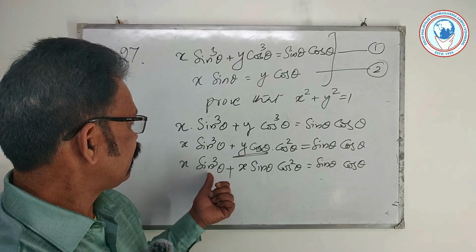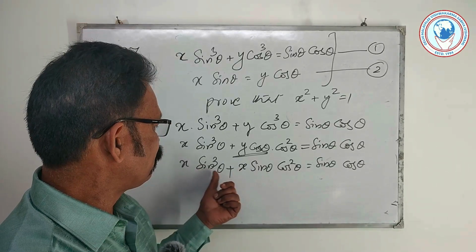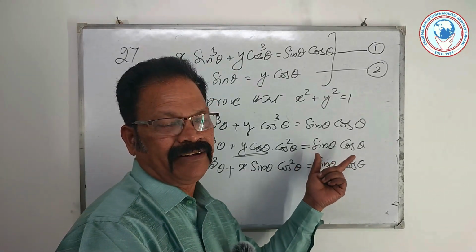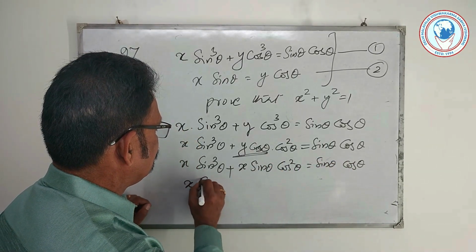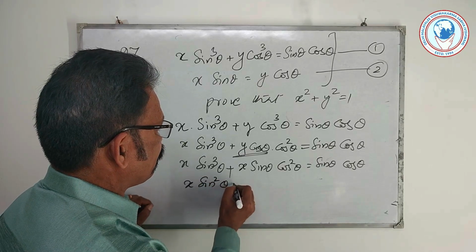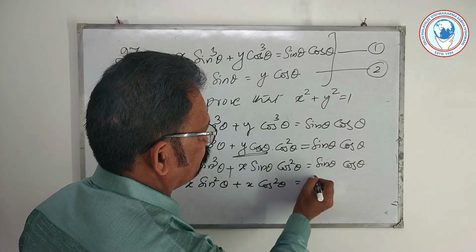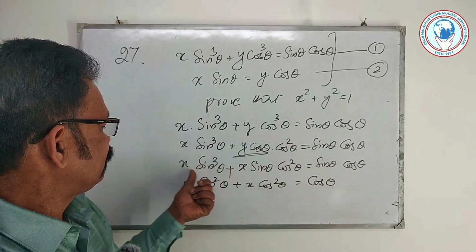So everywhere sin theta is common to all the terms. So sin cube theta, you have sin theta, and here also sin theta. If we divide each term by sin theta, we get x sin square theta plus x cos square theta equal to cos theta, dividing throughout by sin theta.